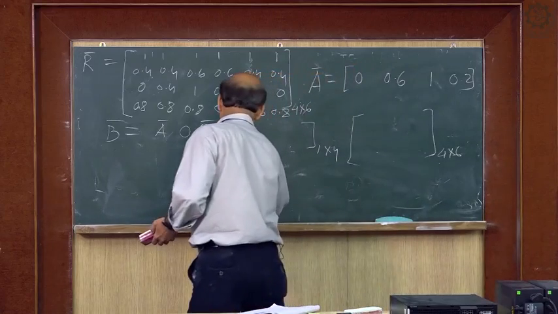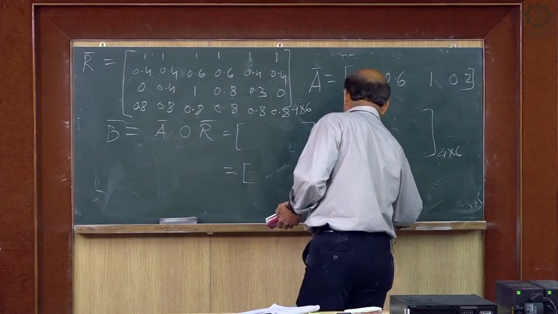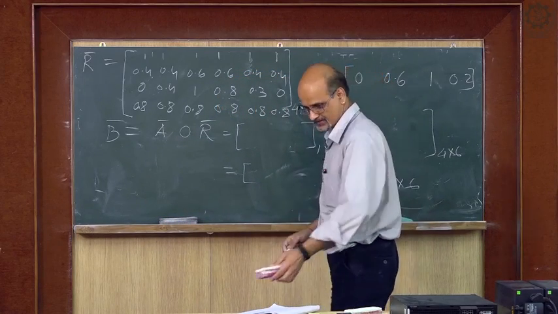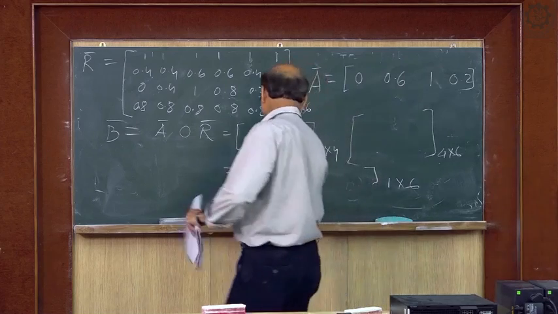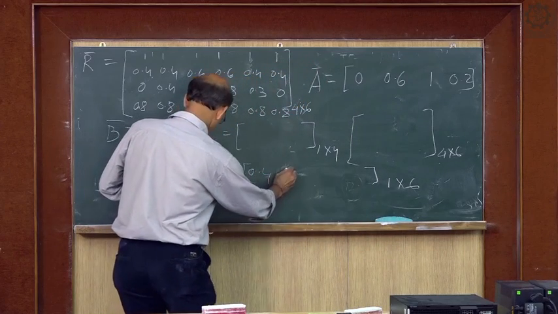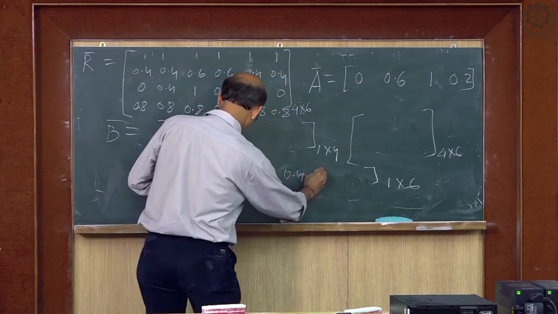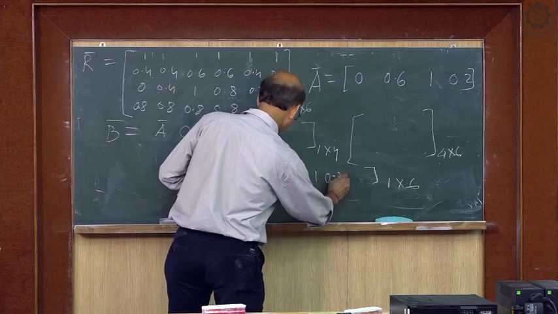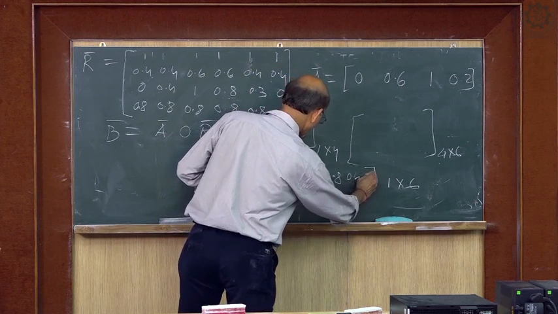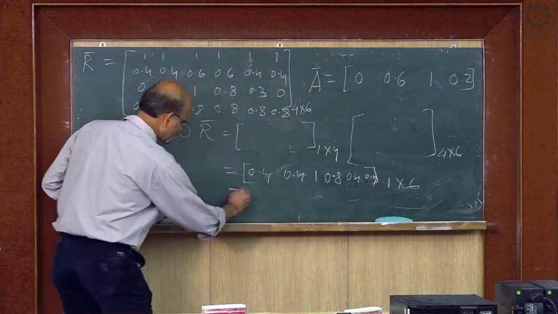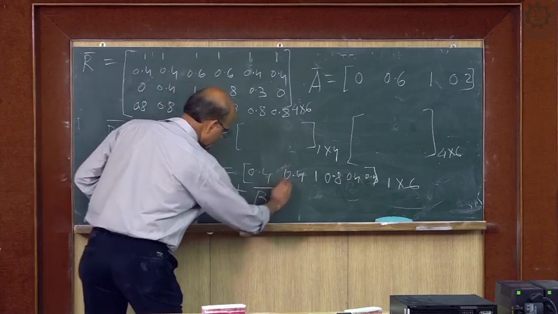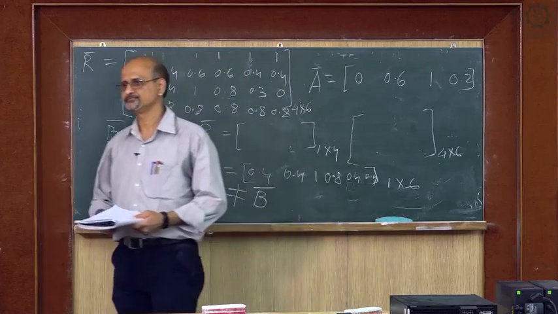So, you will get a row vector of 1 by 6, and that is 0.4, 0.4, 1, 0.8, 0.4 and 0.4, and you can check that this is not equal to B bar.